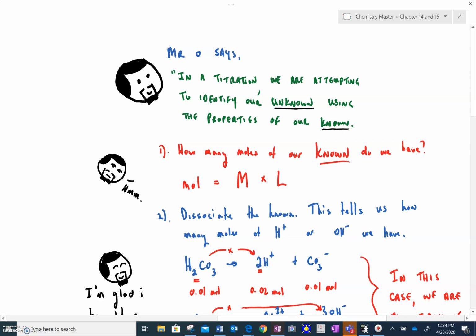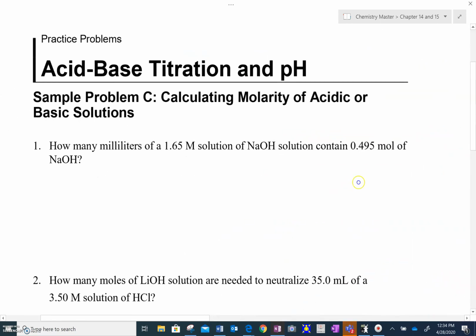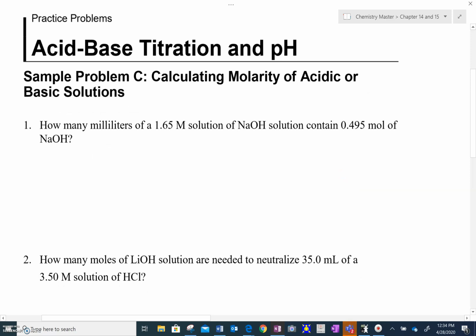So I'm not going to do an actual titration, but I'll do the first one for you. So it says how many milliliters of a 1.65 molar solution of sodium hydroxide contain 0.495 moles of sodium hydroxide. Don't panic. This is another version of this equation that we got from chapter 12.